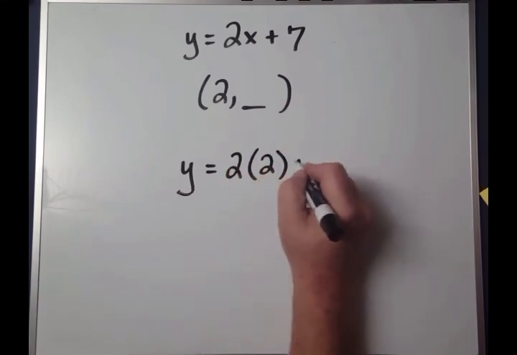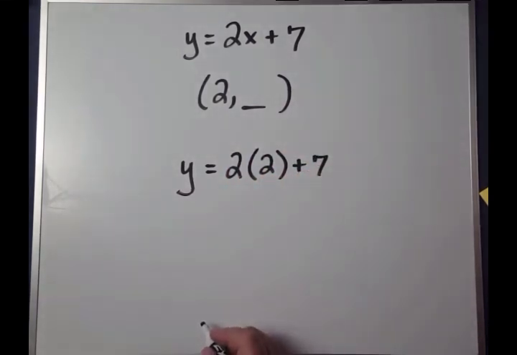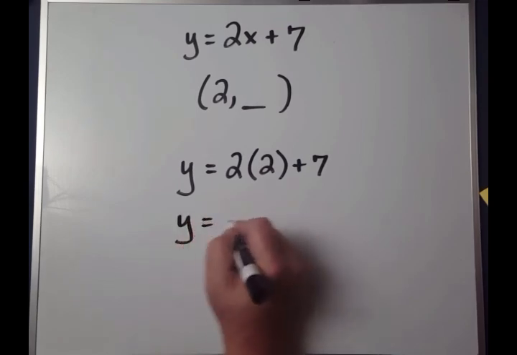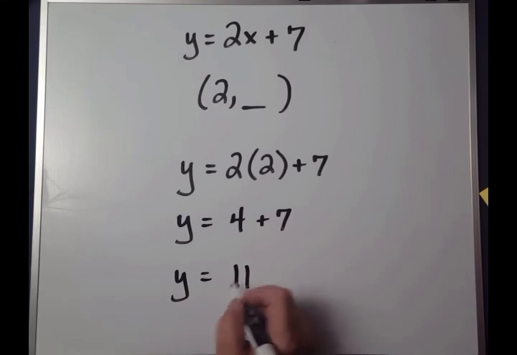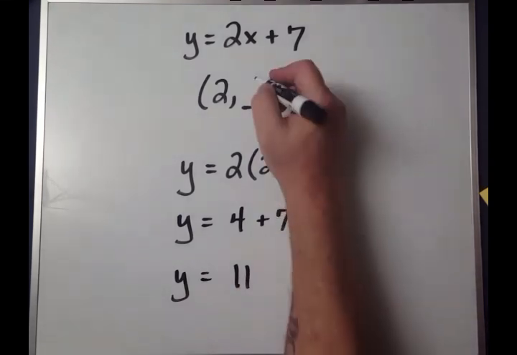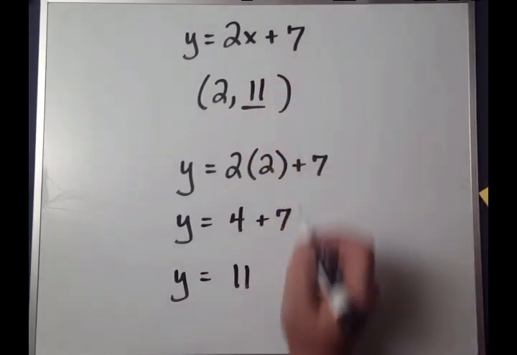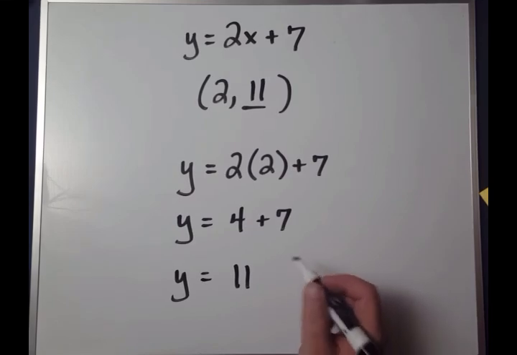This just needs to be cranked out. So the ordered pair 2, 11 is a solution to the given equation.